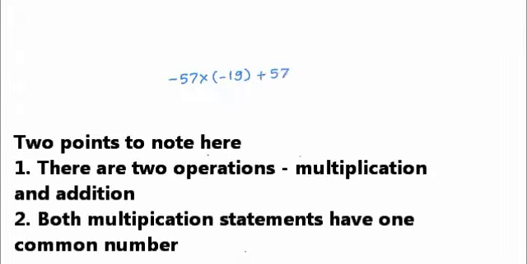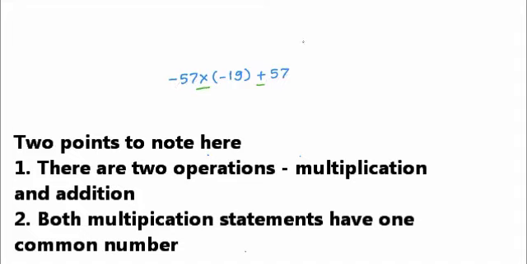I observe that this sum has two operations, a multiplication and an addition. Whenever I see two operations, I should think about the distributive property, but the second representation of the distributive property. So I need to find a common factor between them. Now minus 57 and plus 57. I see 57 as common, but here it's minus 57.